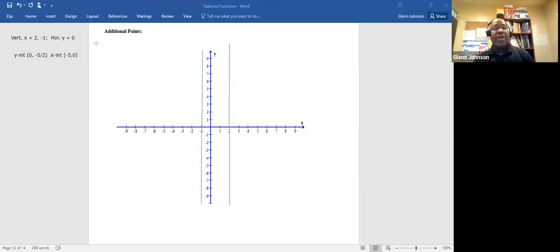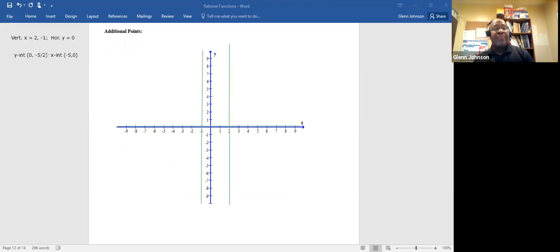And then we have a horizontal asymptote, which is the x-axis, where y equals 0. All right, so we mark that off.